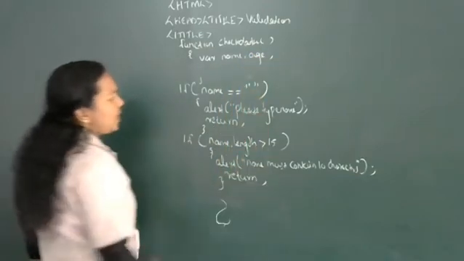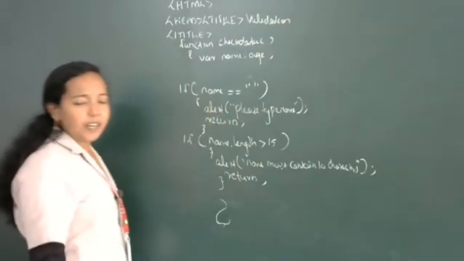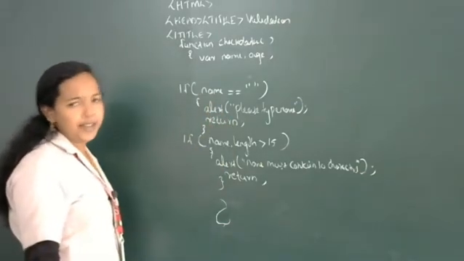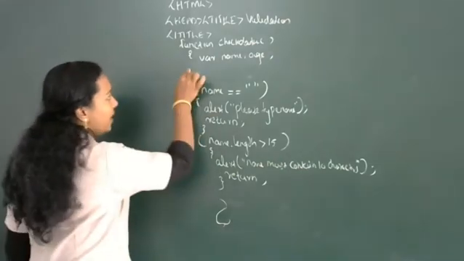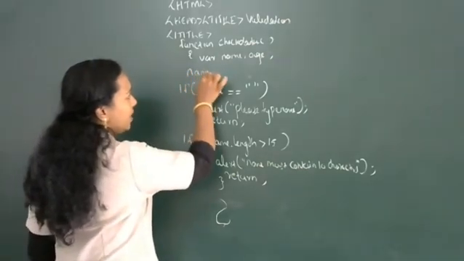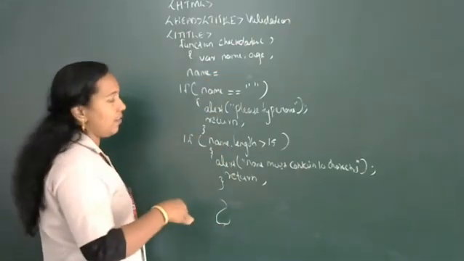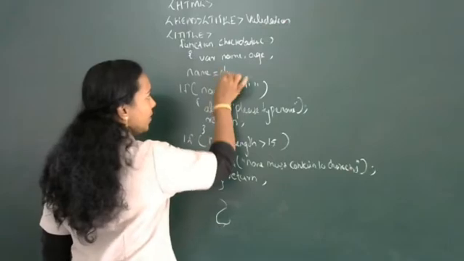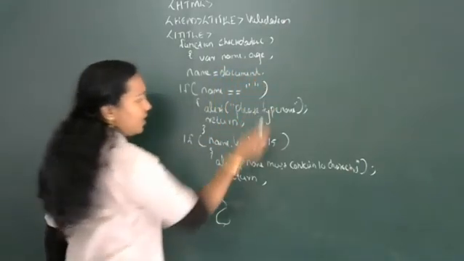Then first we are checking the validation statement. Before the validation statement, what do you want to do? You want to insert some of the values inside the attribute name or variable name. So how will we insert value into name attribute? From the first text box we are accessing value for name. So how will we write? Document dot, what is our form name?